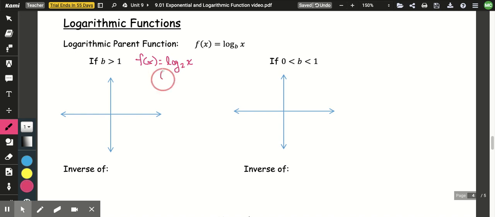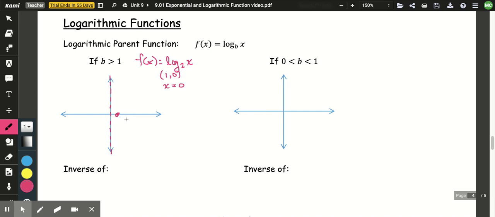Now this one's going to have an x-intercept at (1, 0), and it's going to have a vertical asymptote at x equals 0. So I'm going to go ahead and put that in on my graph here. Vertical asymptote, x equals 0, that's the y-axis.